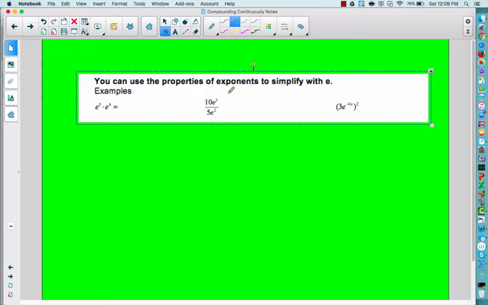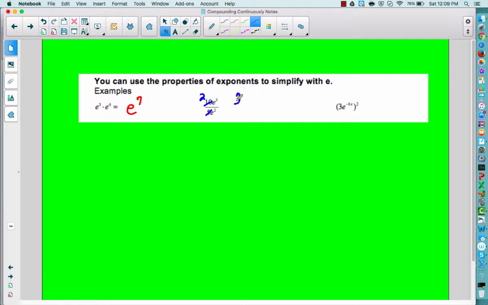You can use properties of exponents to simplify with e. For example, e cubed times e to the fourth: power times the power, add them. So 3 plus 4 would give me e to the 7 power. Same thing with the division of exponents. 5 goes into 10 twice, and you bring the smaller to the larger and subtract.